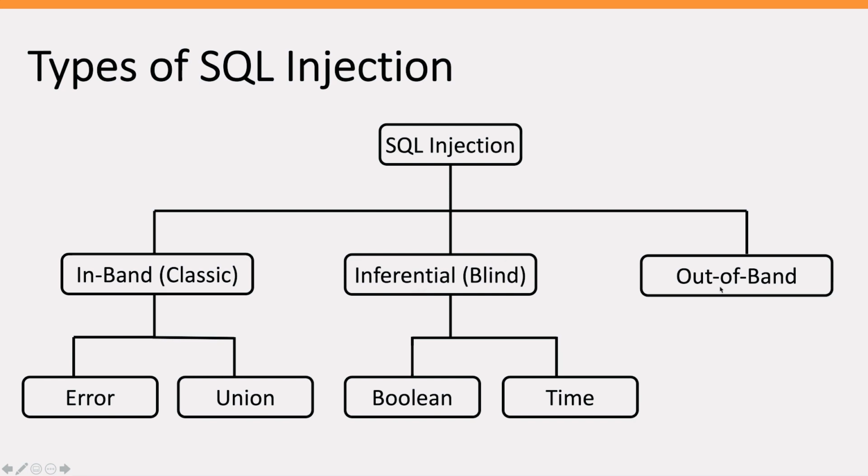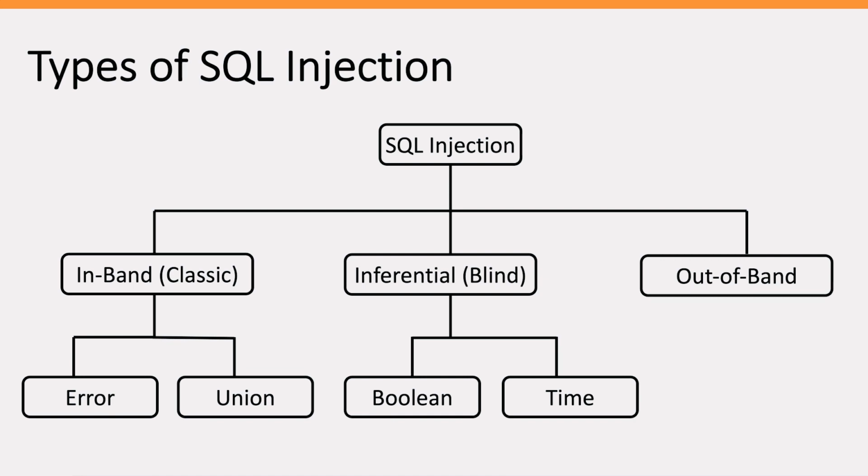And the third is out-of-band SQL injection. Now, in-band, also known as classic SQL injection vulnerabilities, are ones where the attacker uses the same communication channel to both launch the attack and gather the results of the attack. If that doesn't make much sense to you, that's okay, don't worry. I actually have a couple of slides explaining each type in detail. Right now, I'm simply giving you a high-level overview of what each type is.